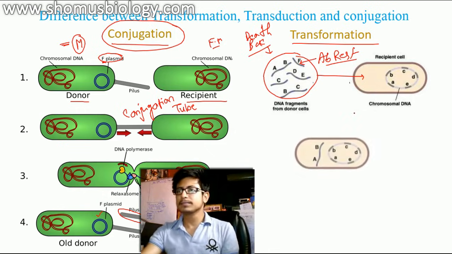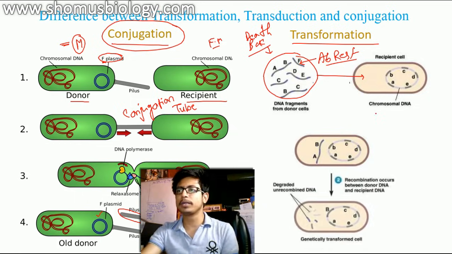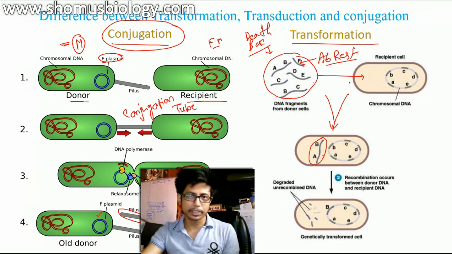Now in this case, they take up the fragment of DNA, and it is incorporated into the recipient cell. After this uptake, they incorporate the fragment of DNA into the cell with the help of recombination. They use this homologous recombination process to properly place this DNA in their genome.